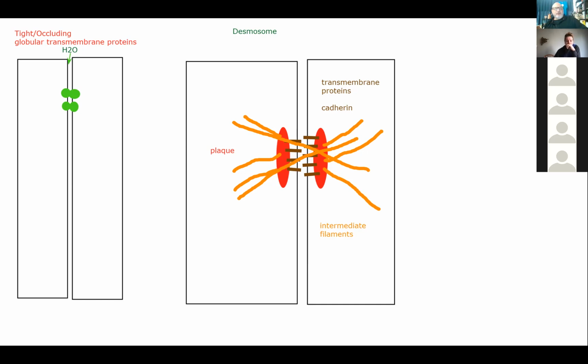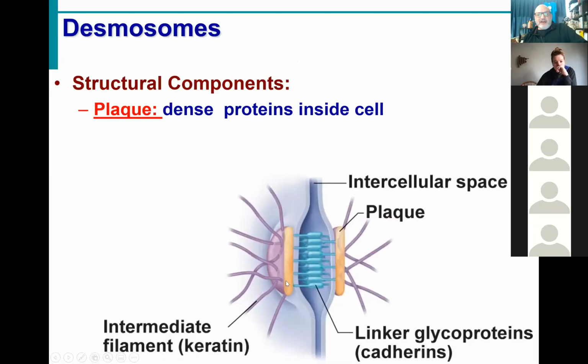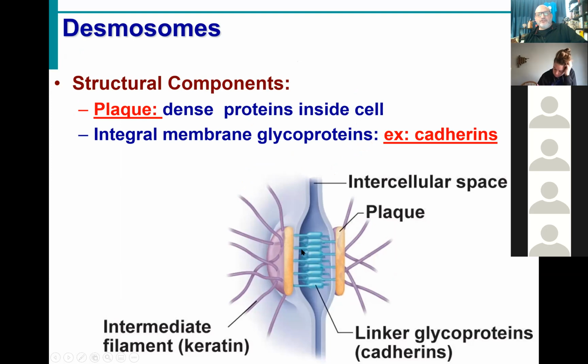So again, let's look at the pretty picture from your textbook, and we can see these things. We have here a yellow, dense peripheral protein, the plaques. They're the attachment point for our transmembrane proteins like cadherins. And here we see them attaching to each other, going through and attaching to each other.